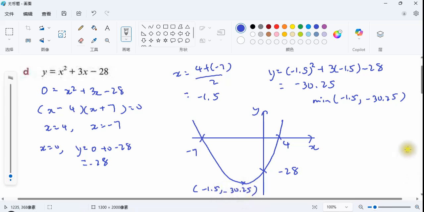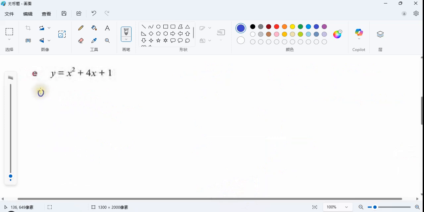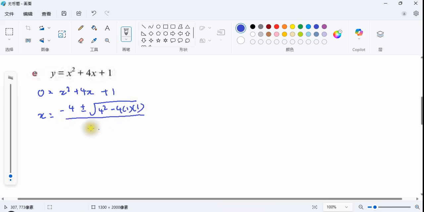Next, 0 equals x squared plus 4x plus 1. So x will be negative 4 plus or minus the square root of 4 squared minus 4 times 1 times 1, divided by 2 times 1.